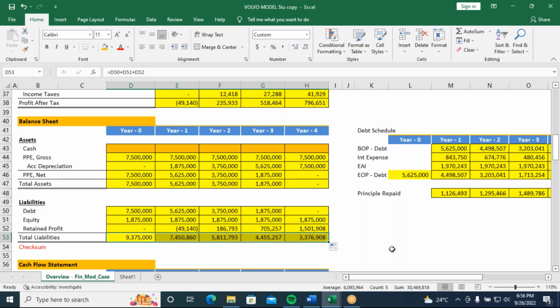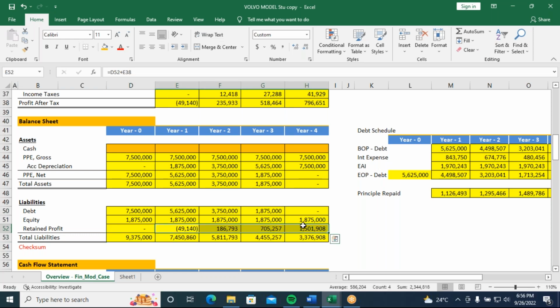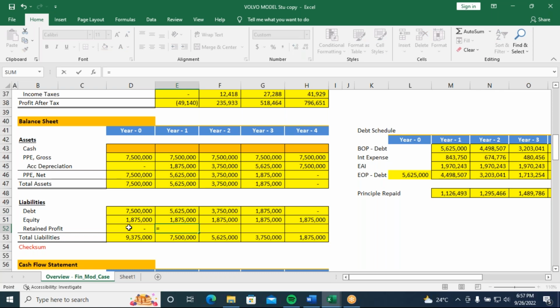Can you explain retained profit once again? So retained profit, first year, retained profit means the profit that I have got. The first year, there is no profit as such, so I'll keep it as 0. The next year, we have to calculate the retained profit, which is equal to the previous year retained profit, whatever you have got, plus the profit after tax.